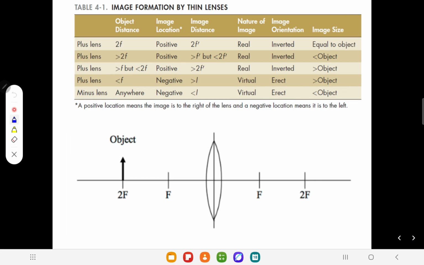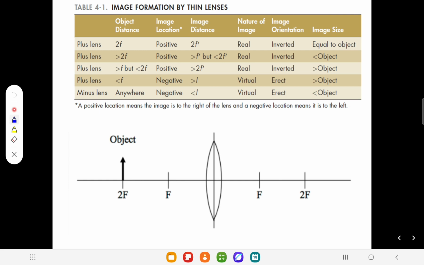Now when we move towards the plus lens, everything is complicated there. The same thing happens in a mirror, isn't it? A convex mirror and a concave lens will definitely create a minified image. But at the same time, a plus lens and a concave mirror will create a different type of image.